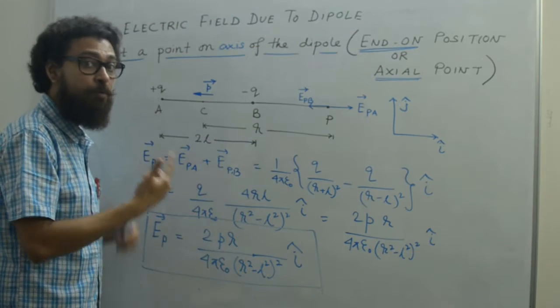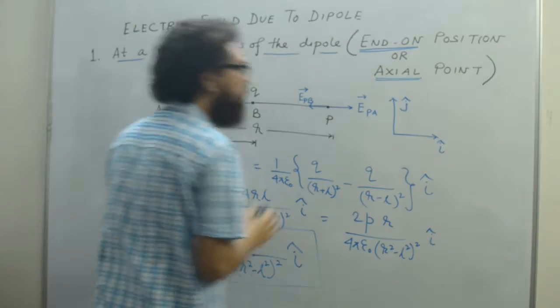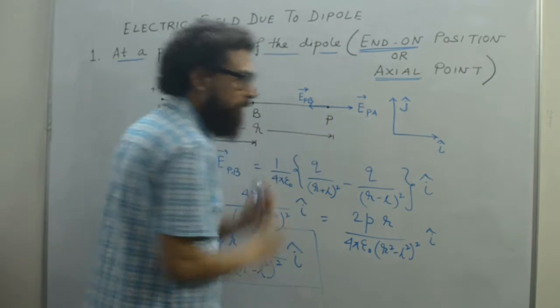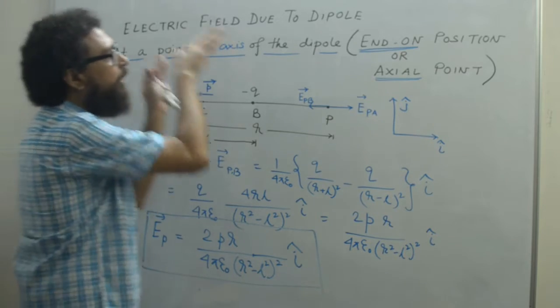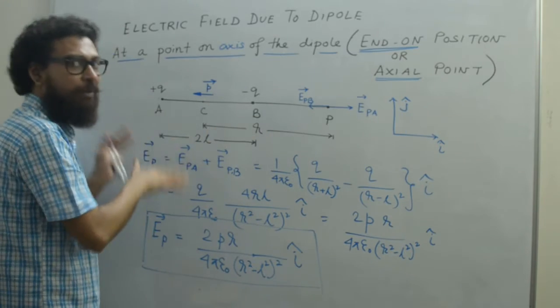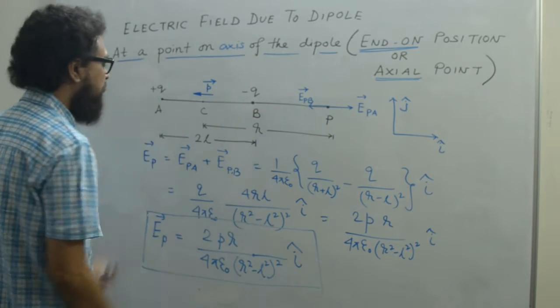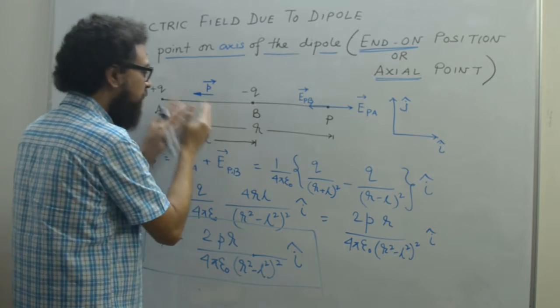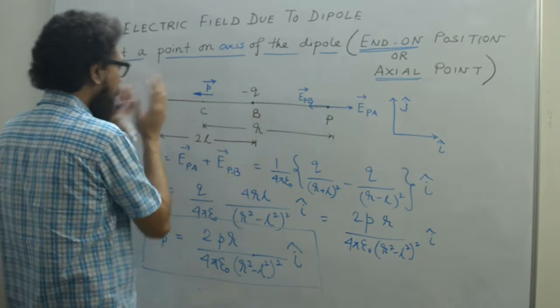We have two more names for this: end-on position or axial point. Because it is on the axis, it is an axial point, and since it is a point on the axis outside, it is end-on. So we have an arrangement of a dipole here: A, B, C is the origin, the center of the dipole, and the length is 2L, L and L.